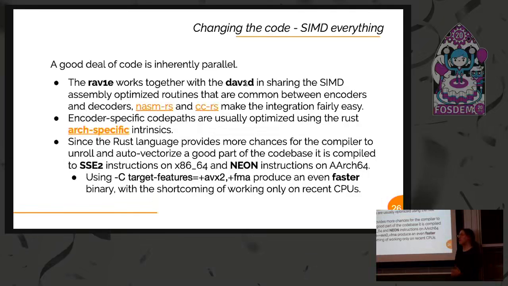And the compiler is quite good at auto-vectorizing code. Iterators do unroll and do vectorize quite well by themselves. So if you write the code the right way, the compiler is going to work for you. On top, if you want to enable AVX2 because all your CPUs are going to have it, you end up with a really faster binary, mostly for free, assuming that you don't have to support legacy.